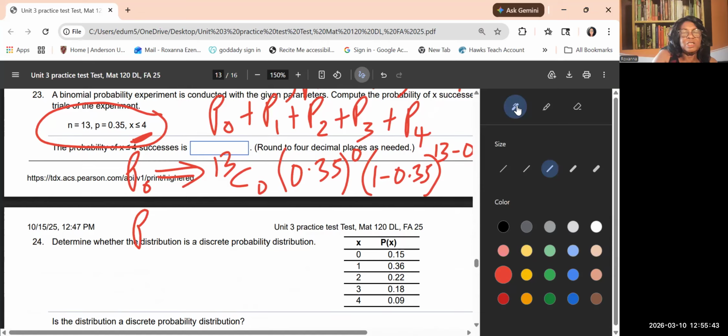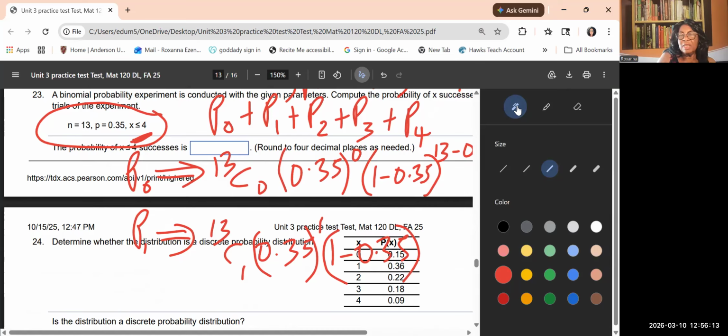P1 is 13 combination 1, 13 choose 1. Success does not change; success is always going to be success. Success to power 1, failure to power 13 minus 1, which is 12.